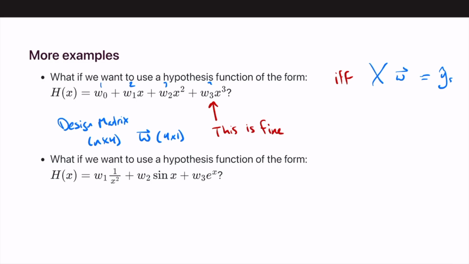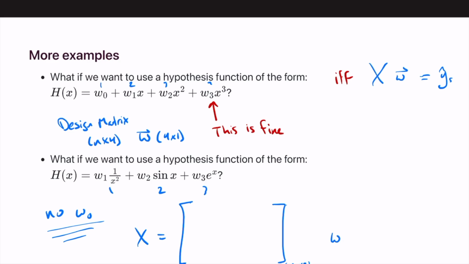Same thing would work for this one down here. It looks odd, but we still have 1, 2, 3 features. Note there is no W0 here, so our design matrix would be, let me draw it a little bigger, an n by 3, and our W vector would be W1, W2, W3.